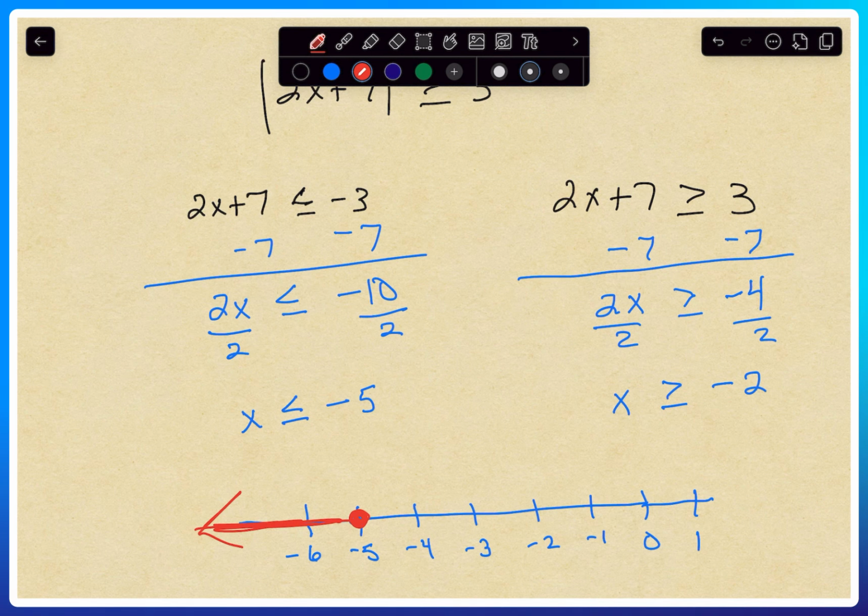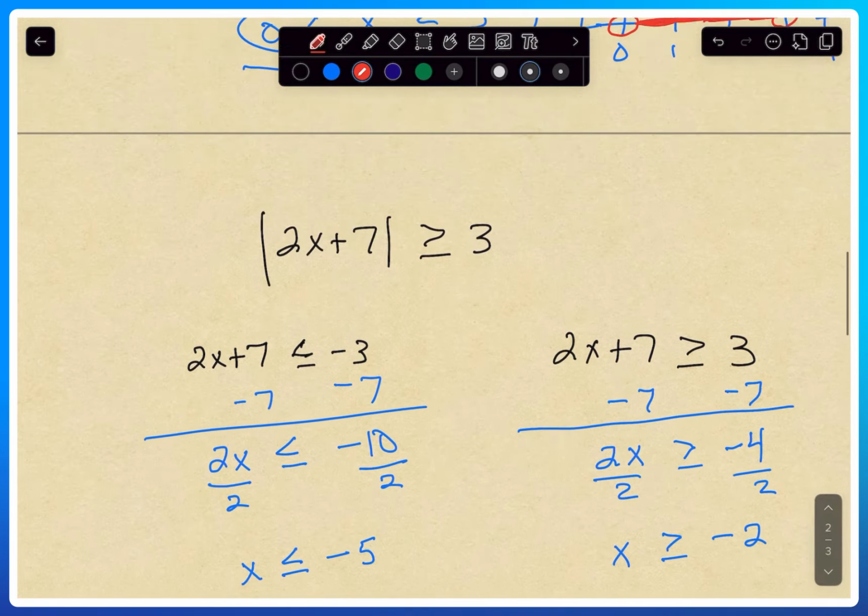Everything left of negative 5 will be x, including negative 5 because it's equal to it. Then we do the same thing here. X is greater than or equal to negative 2. And we know it's going to be greater than, so we're going to go to the right. And this is like one of your OR graphs. And that's how that's done.